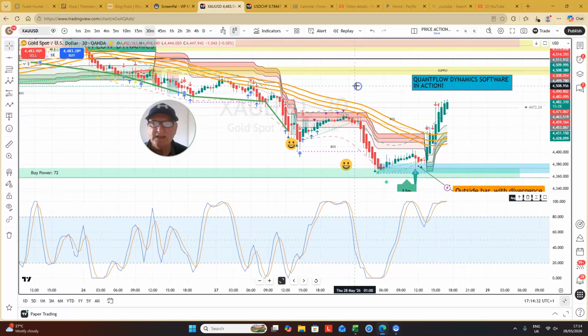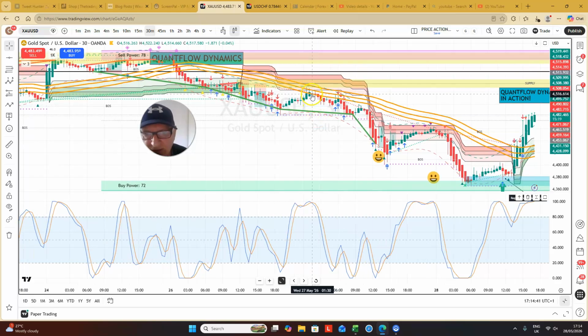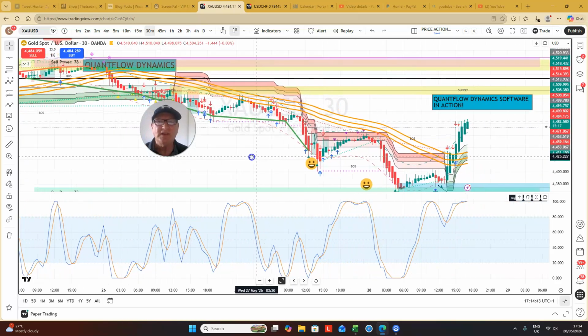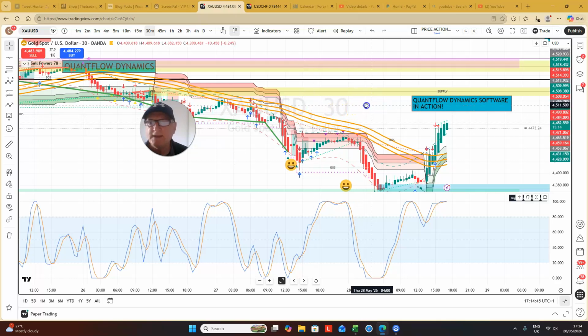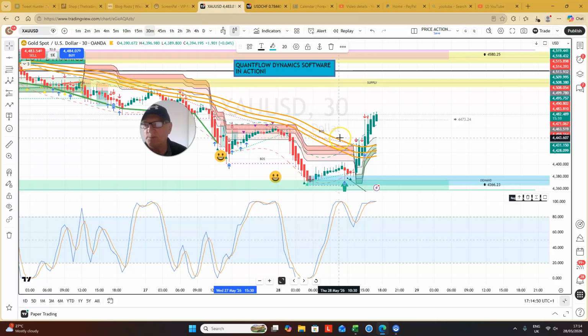So we can see that we wait for the candle to go red in this zone here with price cycle high. And we then sell it with price cycle high. And then we keep going and keep going. Now we can see that we've had a breakout today, haven't we? And it's not stopped. 44.83. It's hesitating slightly, so there may be a correction coming maybe tomorrow.